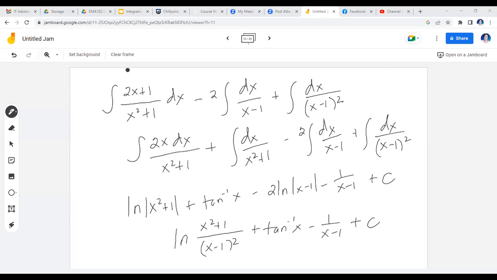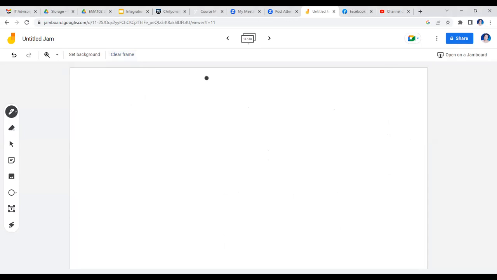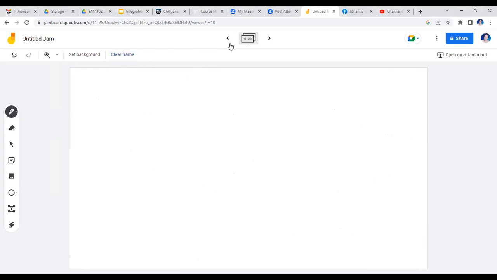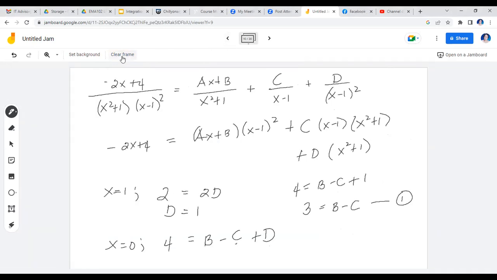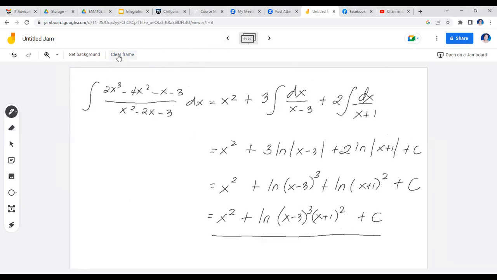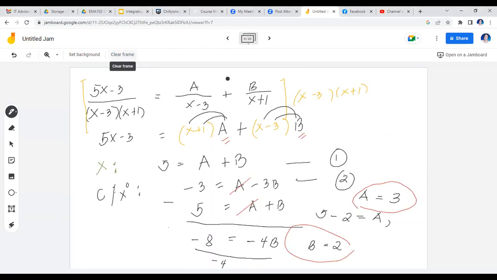I hope everybody could see. I'll just clear my frames, because I cannot add boards here anymore. I already reached my limit. This is from my last class a while ago. Just give me a few minutes.